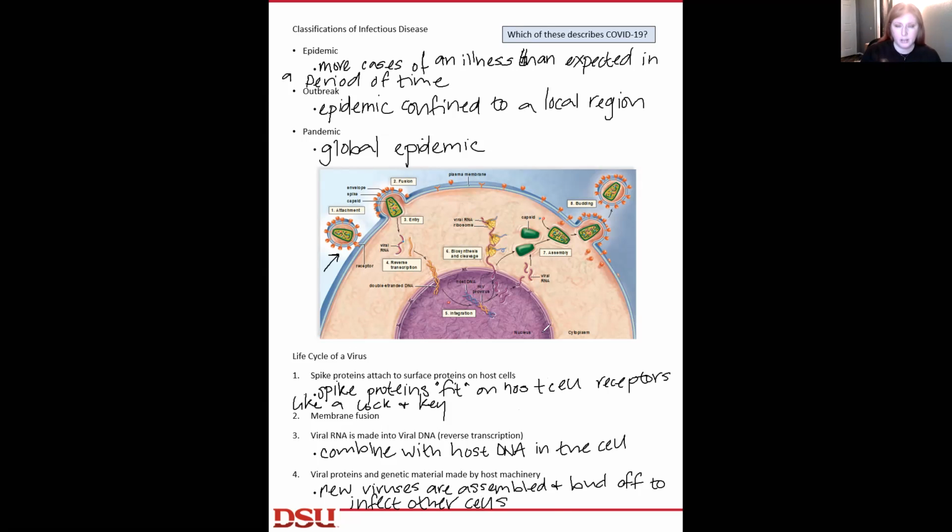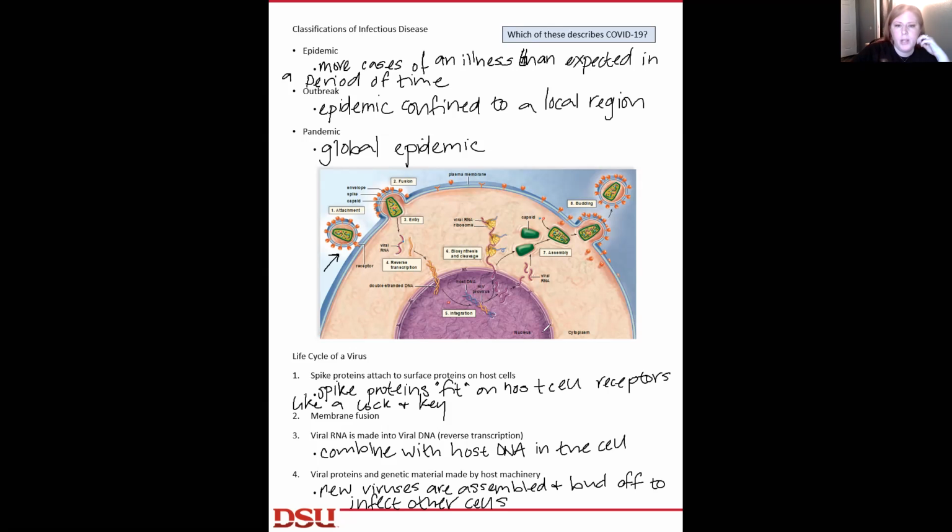So they get into the cell, they release their genetic material, they combine it with the host genetic material, and then they use the host ribosomes and ER and Golgi and everything else in there to make more virus. Okay, so it essentially shuts down the cell's replication of normal cellular products that are being made, because it takes it over to now make viral proteins instead.